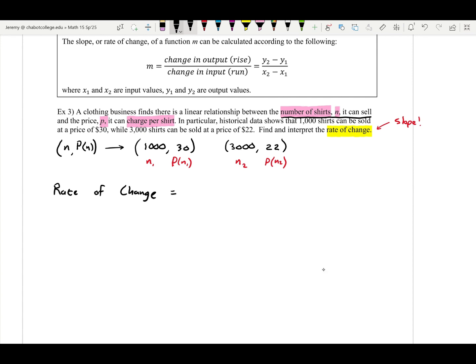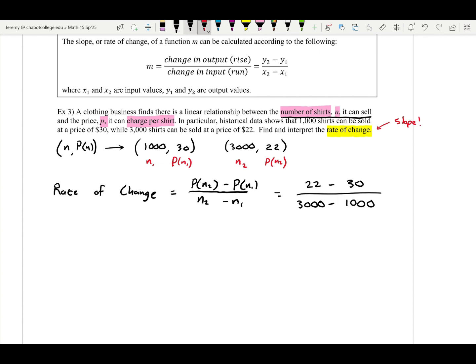The rate of change is going to be the slope, and the formula for this will be P of N2 minus P of N1 over N2 minus N1. Now I'll carefully plug in the values that I have. It was 22 minus 30 divided by 3,000 minus 1,000.